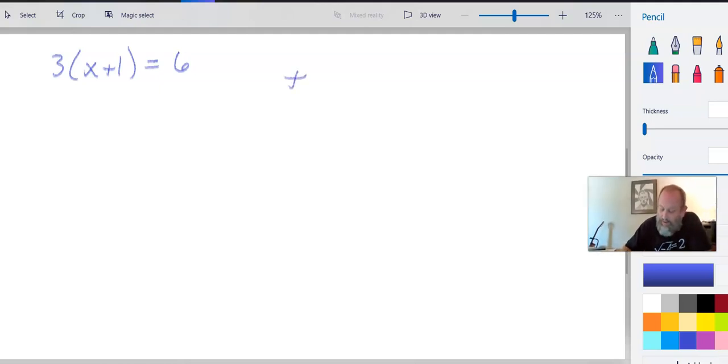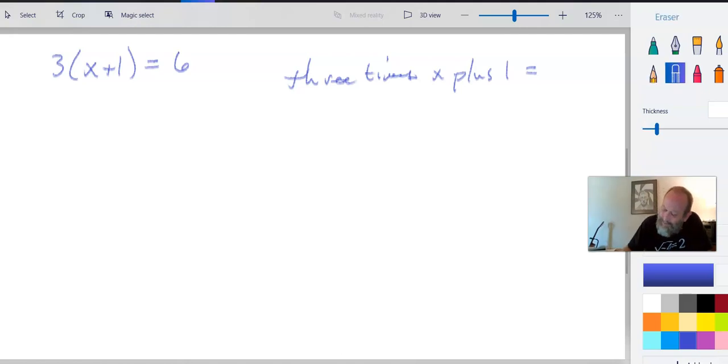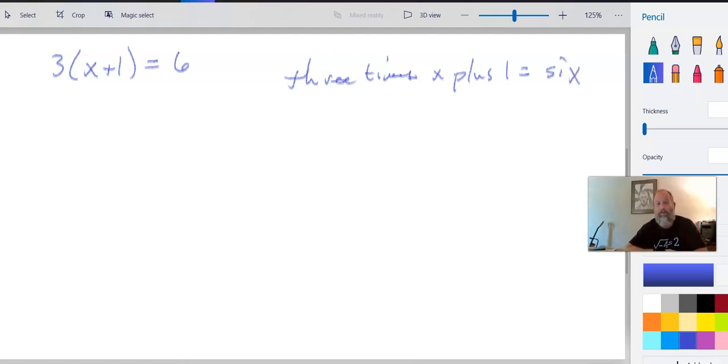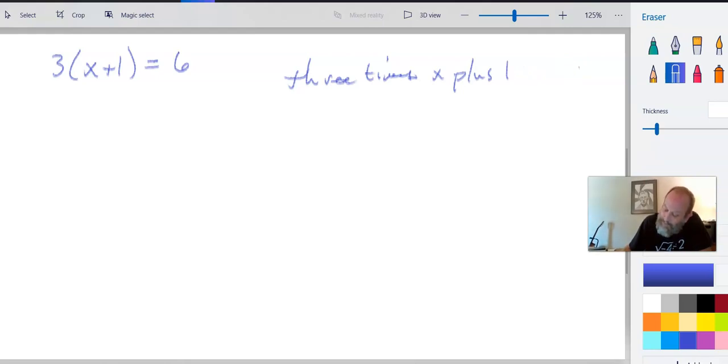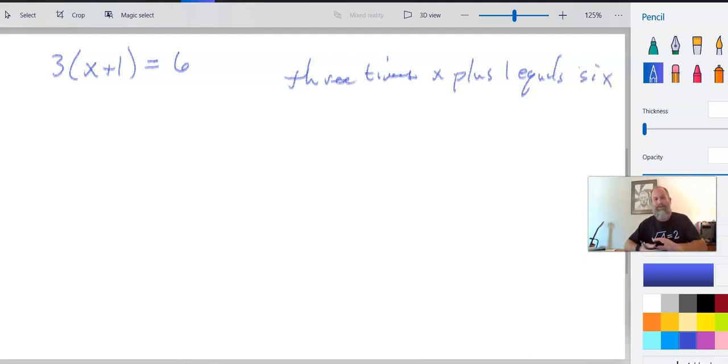I mean, you can write it out: 3 times x plus 1 equals, or I use a symbol, equals 6. There we go. That's what I was trying to do.